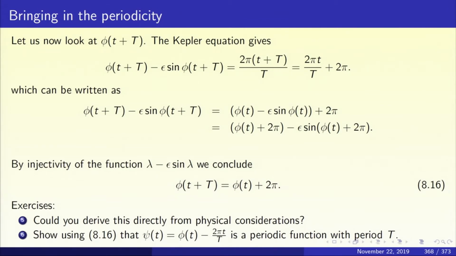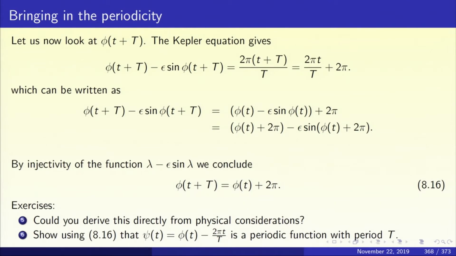The right hand side is phi t plus 2 pi minus epsilon sine of phi t plus 2 pi. So by injectivity of the function lambda minus epsilon sine lambda, we immediately conclude that phi of t plus T equals phi of t plus 2 pi.